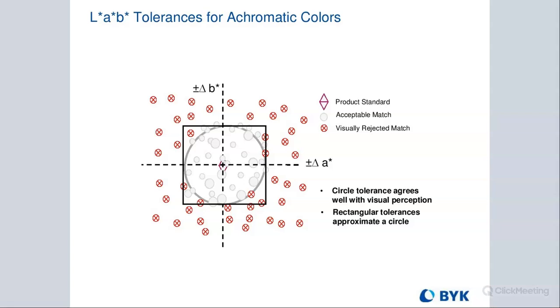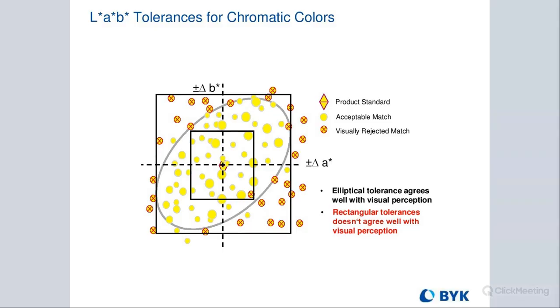For pastel colors, it works perfectly fine and works great. But when you start to get to these more chromatic colors or different shades, then you might have correlation issues to your visual. This is another great example of that.